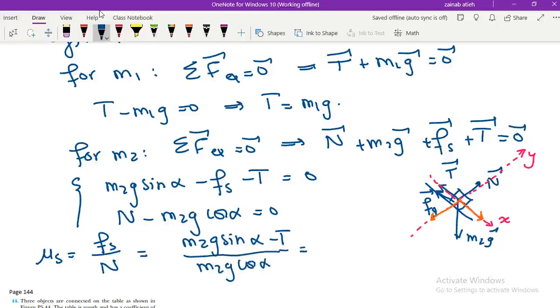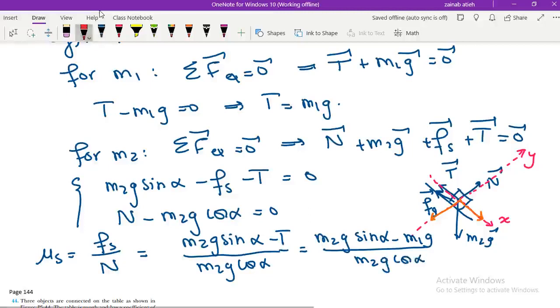The tension I found is M1G, so it is M2G sin alpha minus M1G over M2G cosine alpha.